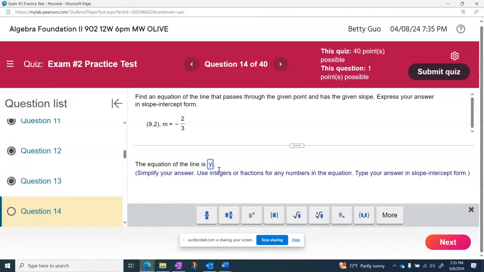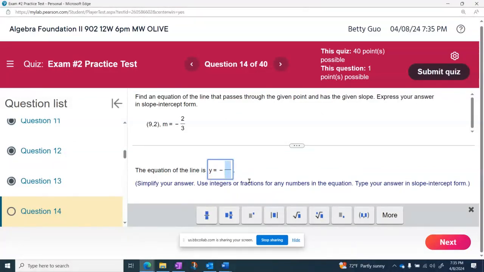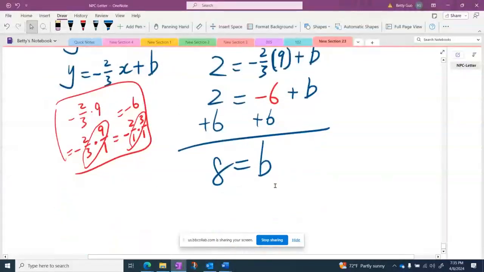If you have a y equals outside the answer box, then you don't type it. So really be careful. y equals, oh, that's a minus sign, negative 2/3 x, plus 8, right? Double check. b is 8.